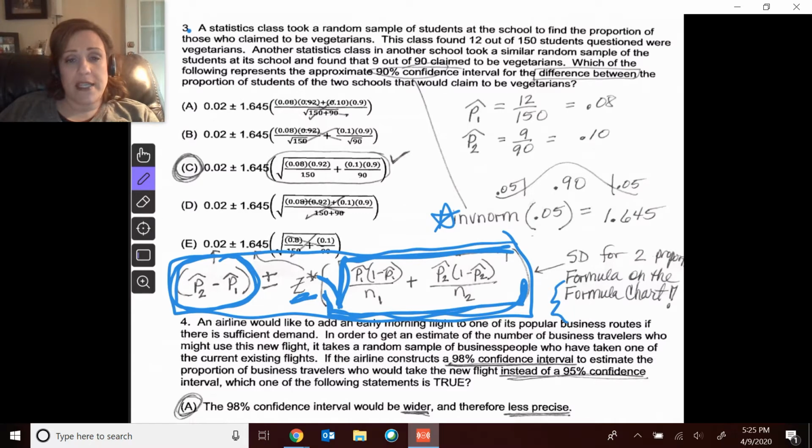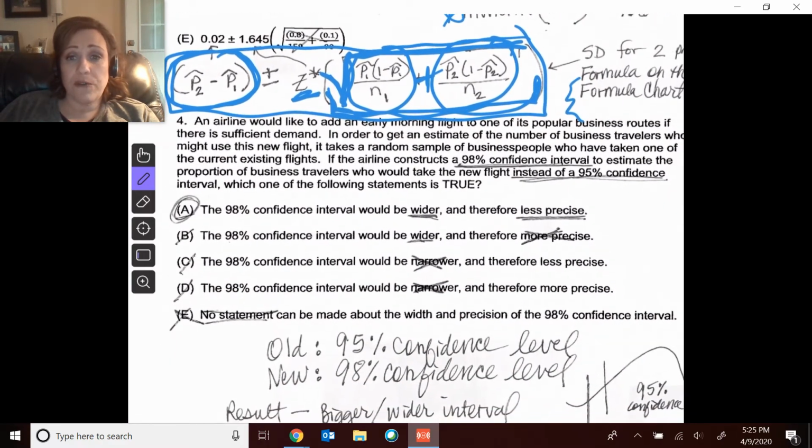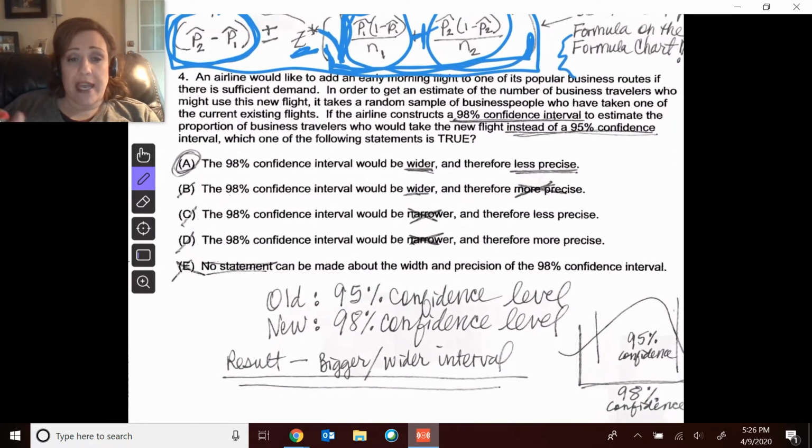You can see we're taking all the P1s plus all the P2s, and then we're square rooting those. So that is why C was the answer. That one had all the 3 correct components, and I marked out the parts that were not correct on the others.